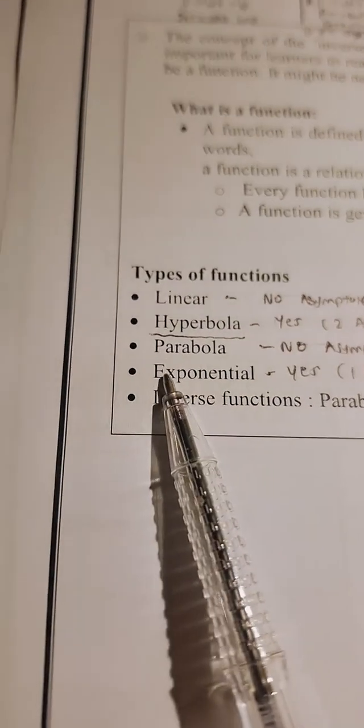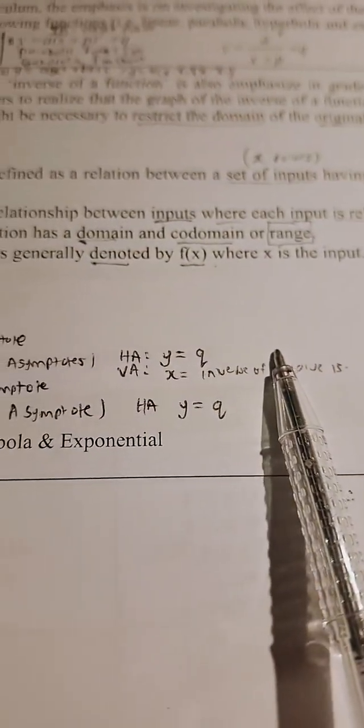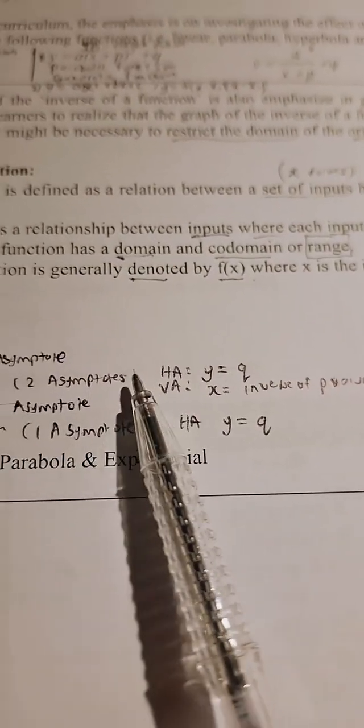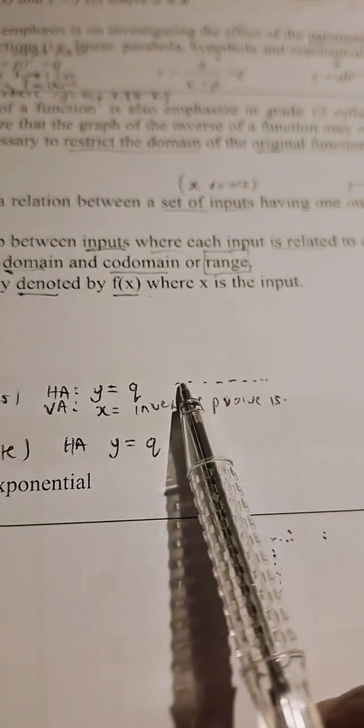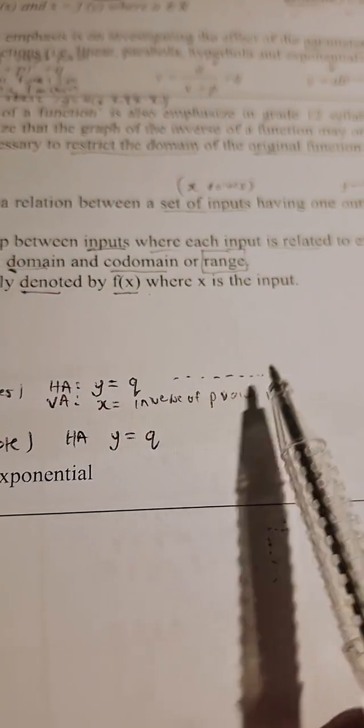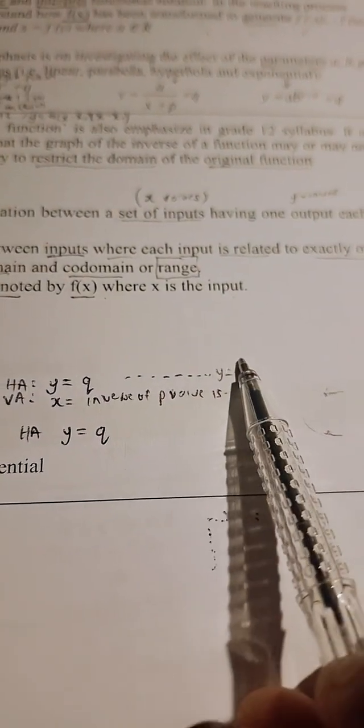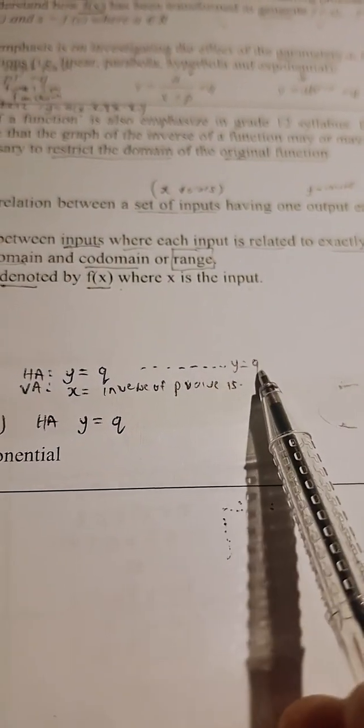Really appreciate it. Now let's come back to the exponential, because we saw that with the hyperbola we have two asymptotes. The horizontal one, when they sketch it in your graph, is usually a broken horizontal line. You label that broken line y is equal to the specific value of q.